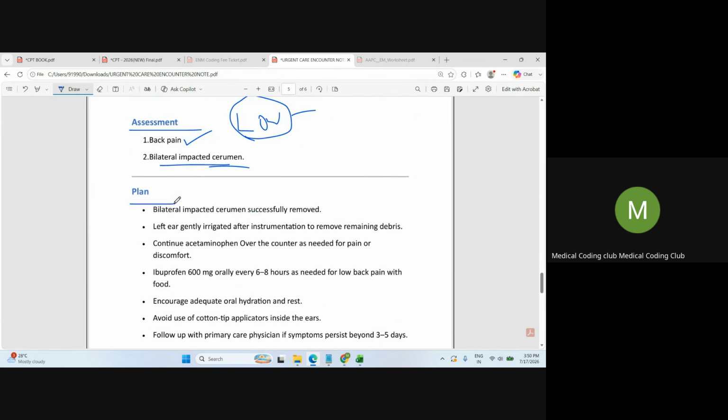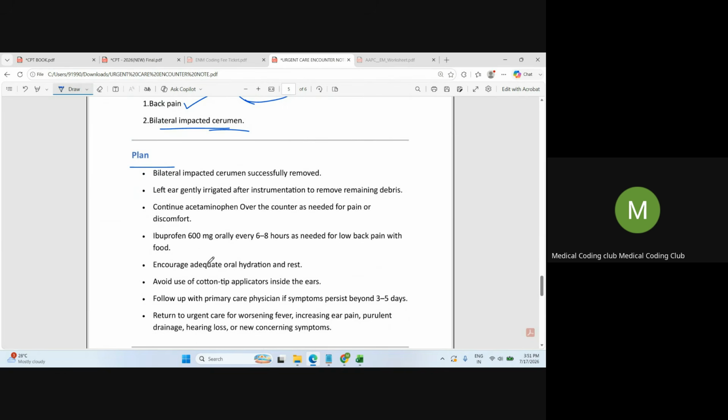Then coming to the plan, check the medication they are using. They told the patient to continue acetaminophen over the counter as needed, and also ibuprofen 600 mg orally every 6 to 8 hours for low back pain. Two medications. One is over the counter, OTC.